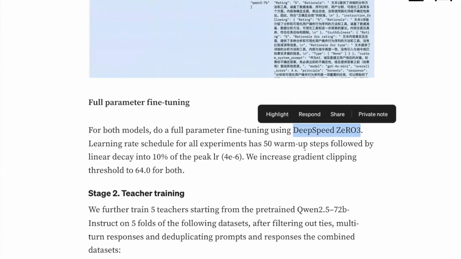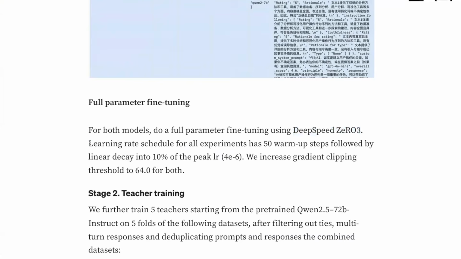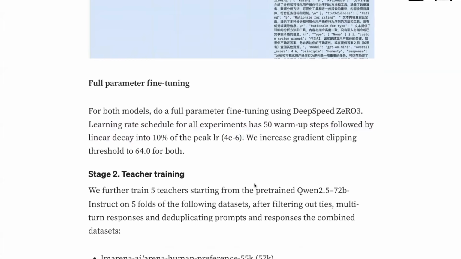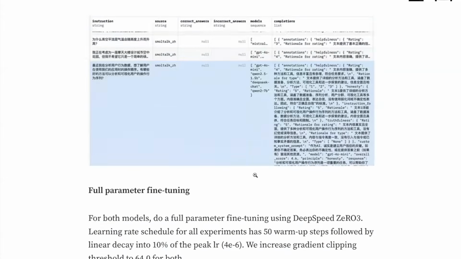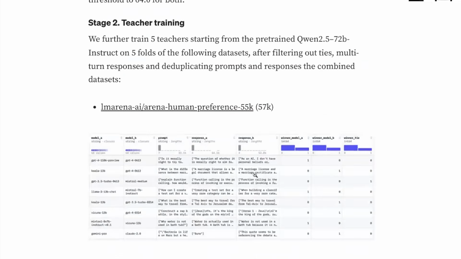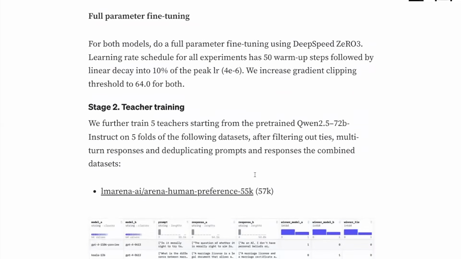The efficient approach is an algorithm that is more memory saving for training. And these are just the parameters they chose for how they train both the student base and the teacher base, based on Qwen 2.5. Okay, so that's the pre-training one.